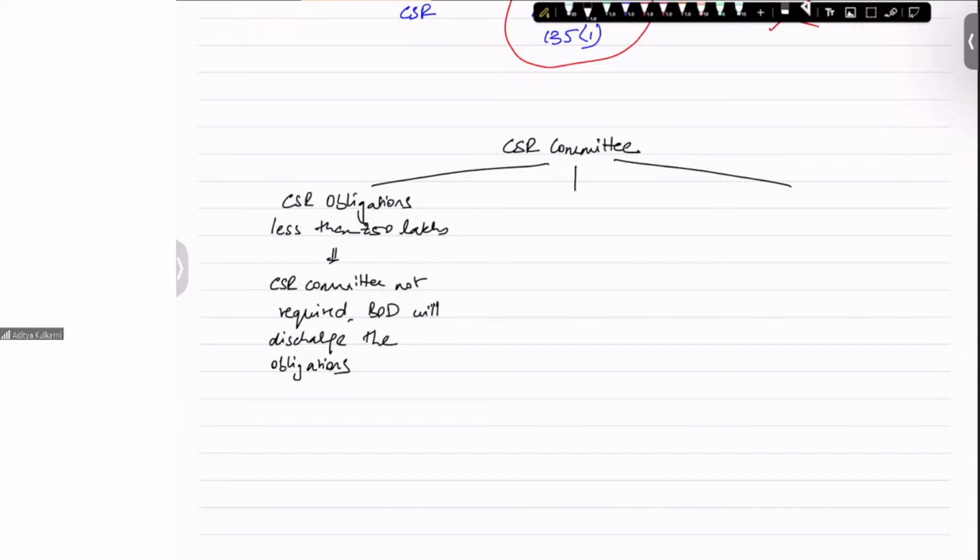Now, CSR obligations greater than 50 lakhs.